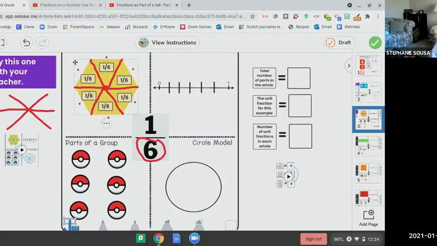Work smarter, not harder, people. And now we've completed a shape partition of our hexagon. Each of the pieces are equal sized. Each of the pieces has a label.